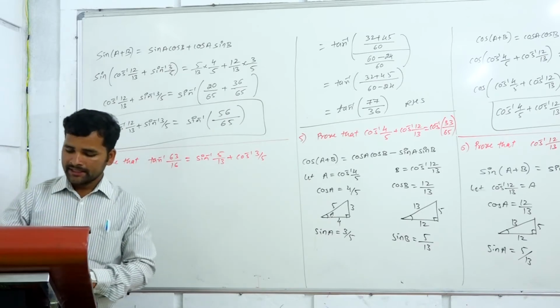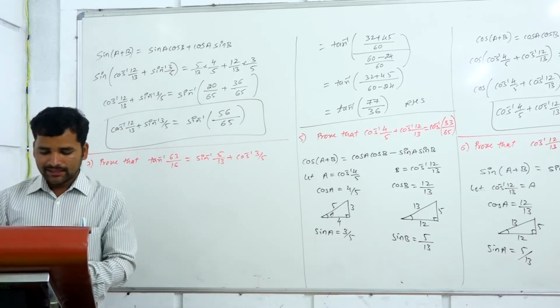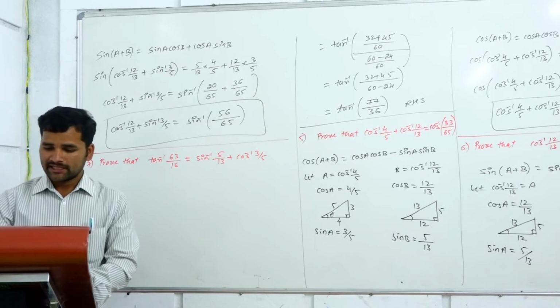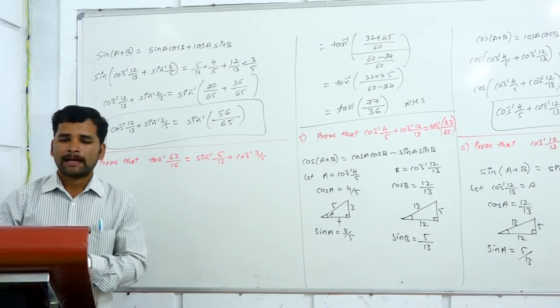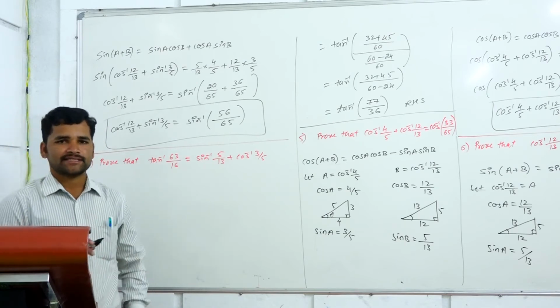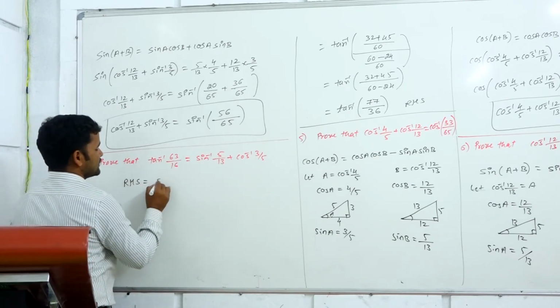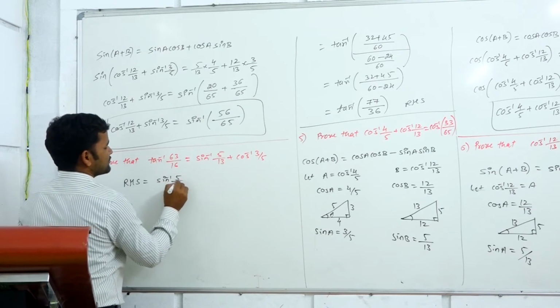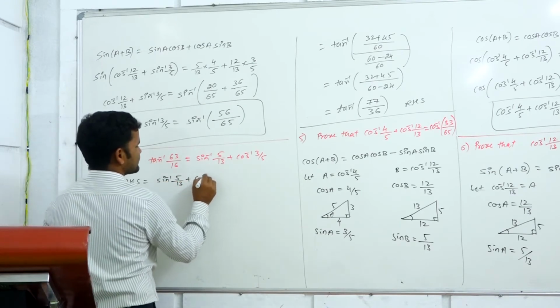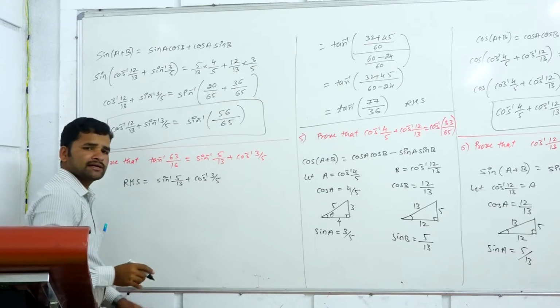Here the RHS has two terms and the LHS has a single term. Better to take the RHS here. Taking the RHS, we have sine inverse of 5 by 13 plus cos inverse of 3 by 5.